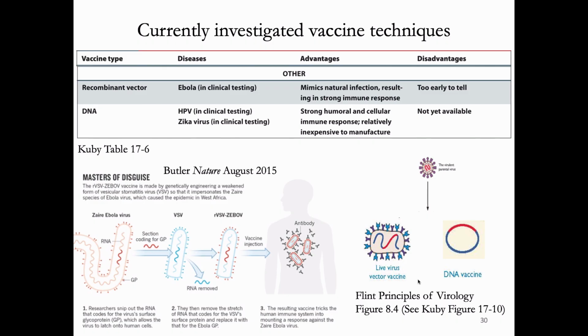There are two other big ways that we are currently thinking about making vaccines. They are known as recombinant vector-based vaccines or DNA vaccines. In both cases, they rely on the fact that we know of particular antigens that we want the patient to make an immune response against.